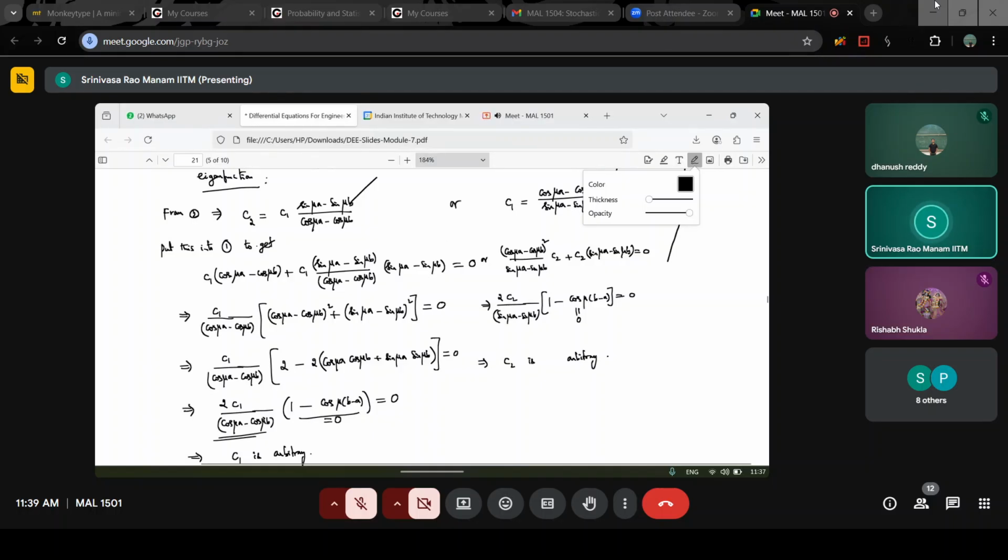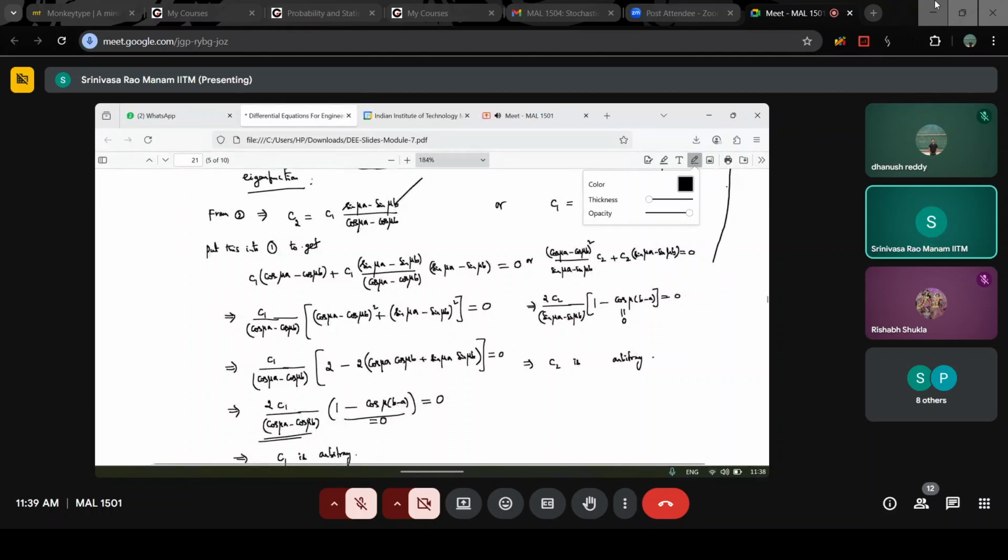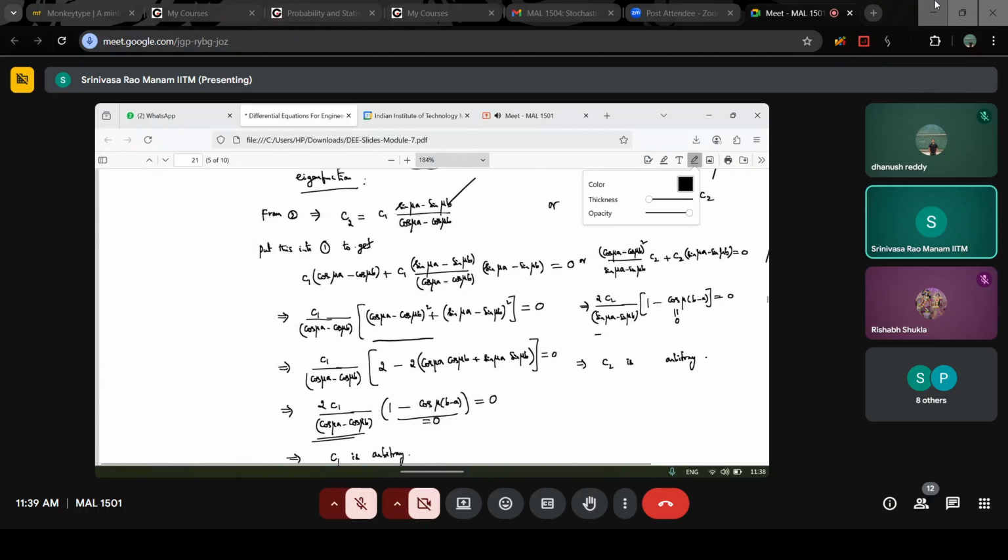This implies, either this or this will give me the similar thing. C2 is common here, so either this you will get, or you get this one.